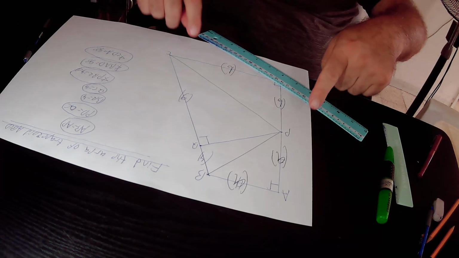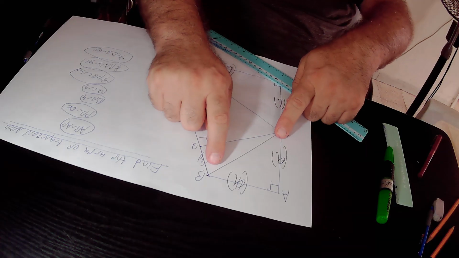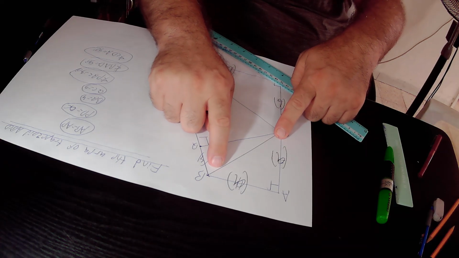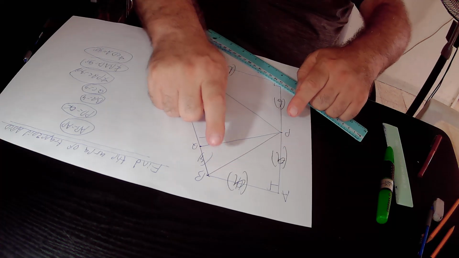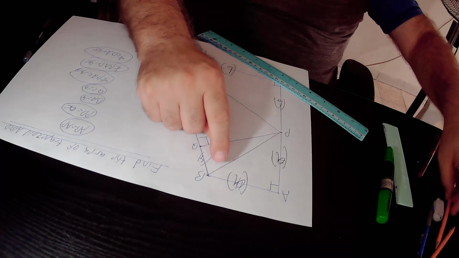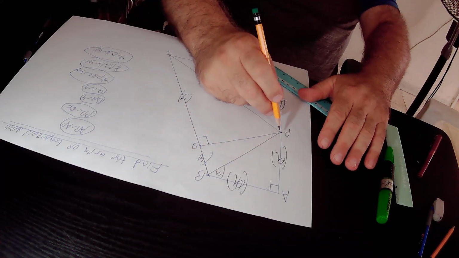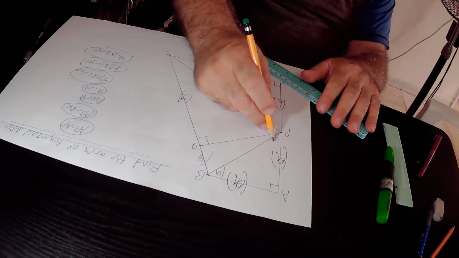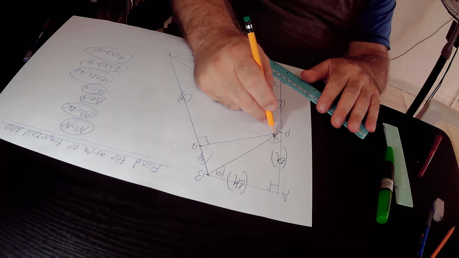So opposite those two equal sides, we have two angles that must also be equal to each other. If we define the size of this angle as alpha, then this other angle must also be equal to alpha, according to the rules that I mentioned.